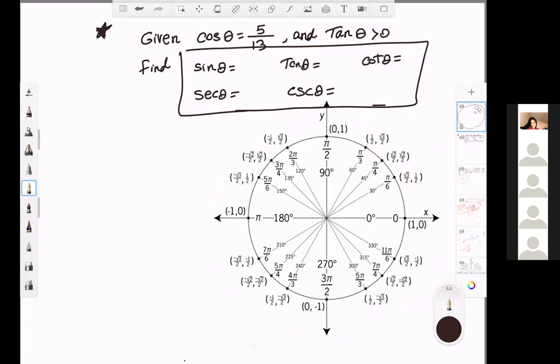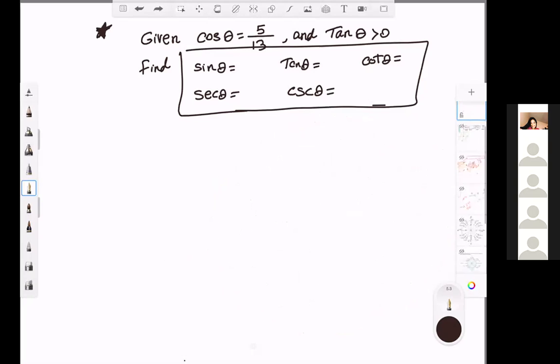So what does it mean? That means this unit circle is useless. So we cannot use it. We need to have our own. So what do we do? We just get rid of this, and we make a circle.